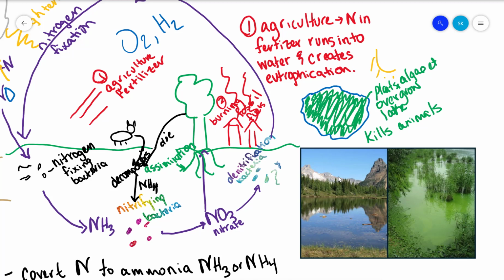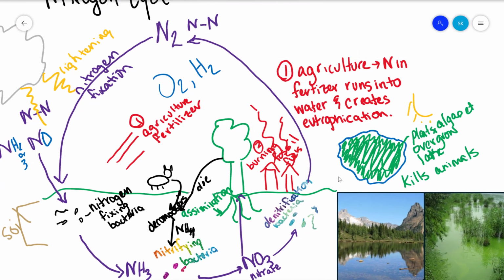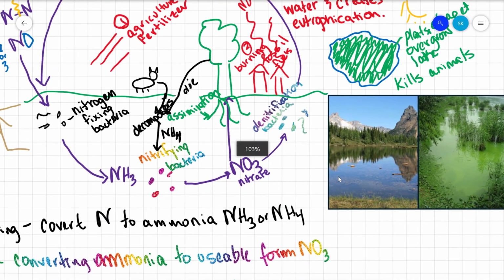Now, fossil fuels are going to release a lot of nitrogen into the atmosphere, and too much nitrogen and nitrogen oxide are greenhouse gases. So when we burn fossil fuels, we put greenhouse gases into the environment, which in turn creates global warming and the greenhouse effect.